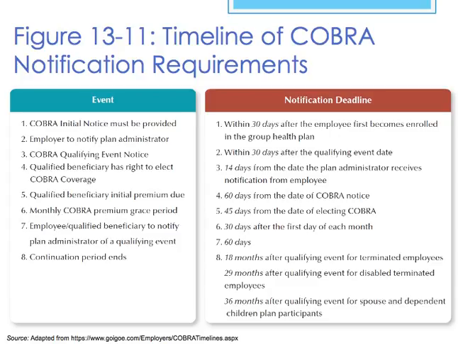When COBRA is initially provided notice, that is taking place within 30 days after you first become enrolled in the group health care plan, within 30 days after the qualifying event date, 14 days from the date the plan administrator receives notification from the employee, 60 days from the date that the notice was given to COBRA, 45 days from the date of electing COBRA, 30 days after the first date of each month.